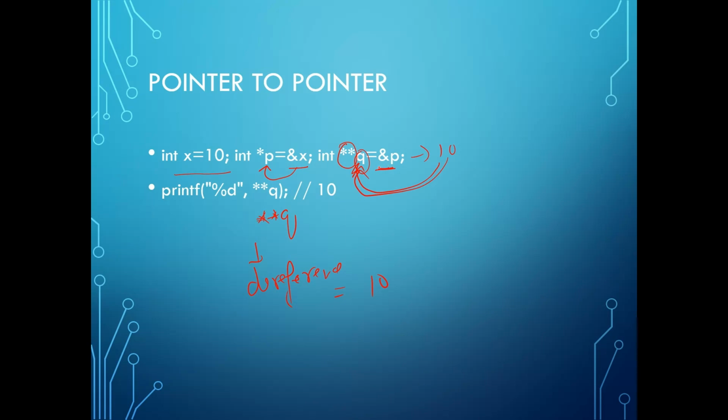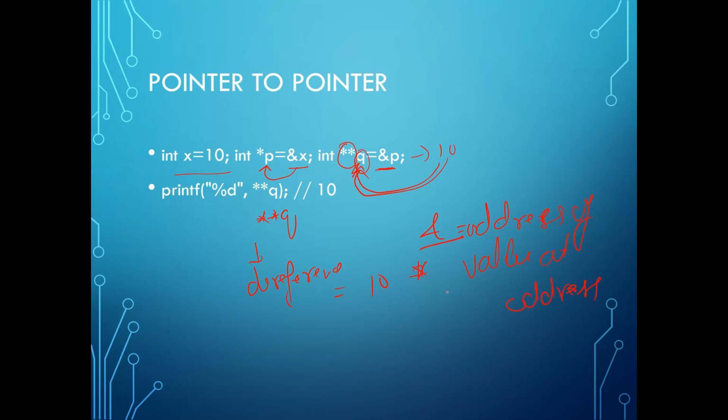So this is what it basically is. Here, this is address of, and this is the pointer, this is value at address. Got it?